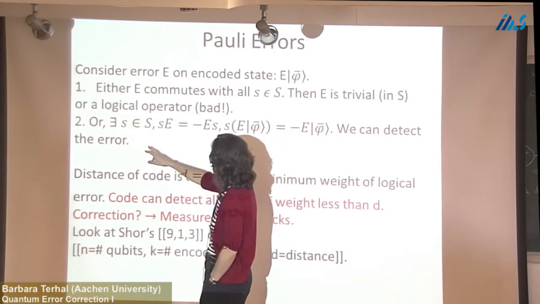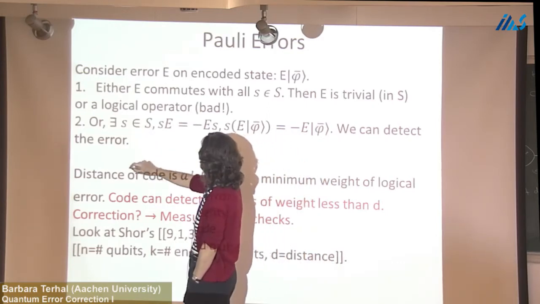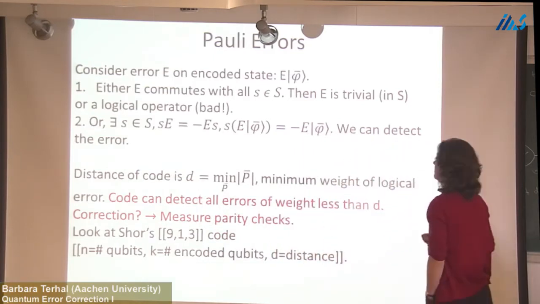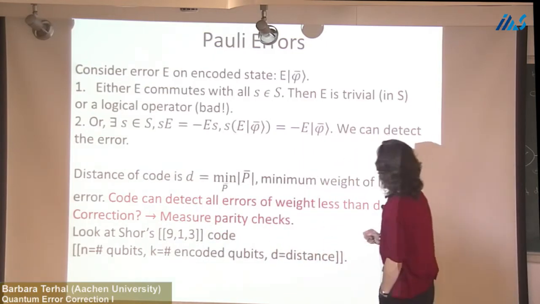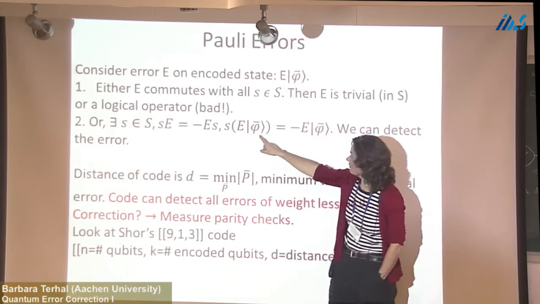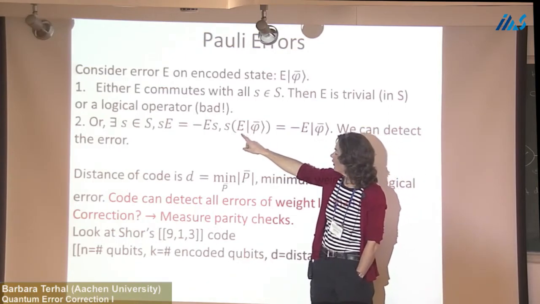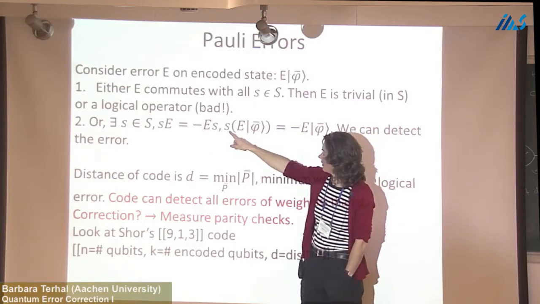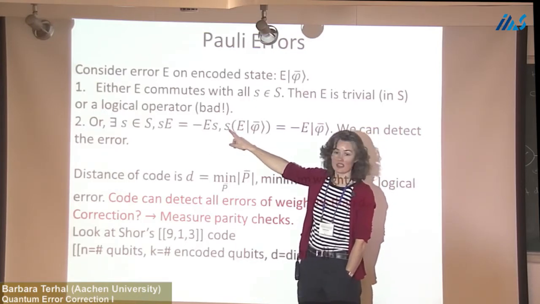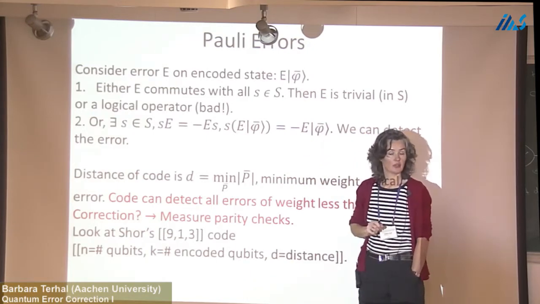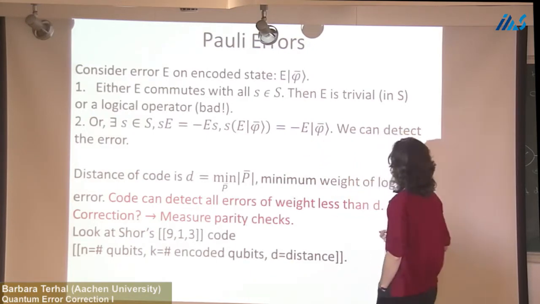The second possibility is that the error anti-commutes with a few elements in S. So if we have a code word and the error happens, we measure the eigenvalue of that element in S, we will find a -1 eigenvalue, whereas before it was a +1 eigenvalue.